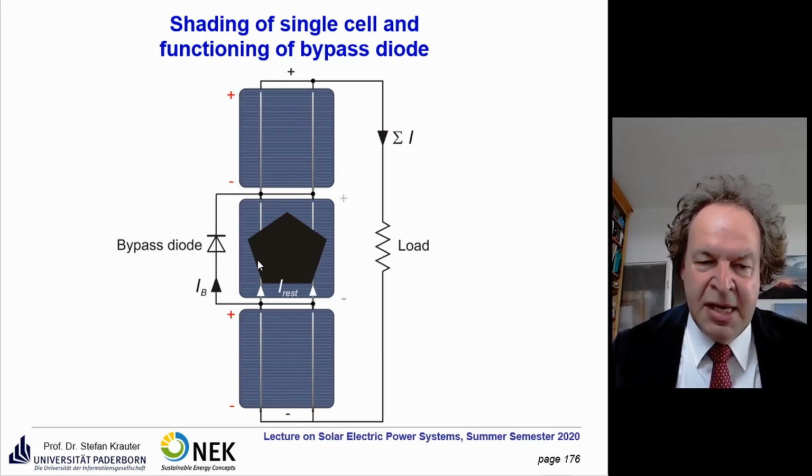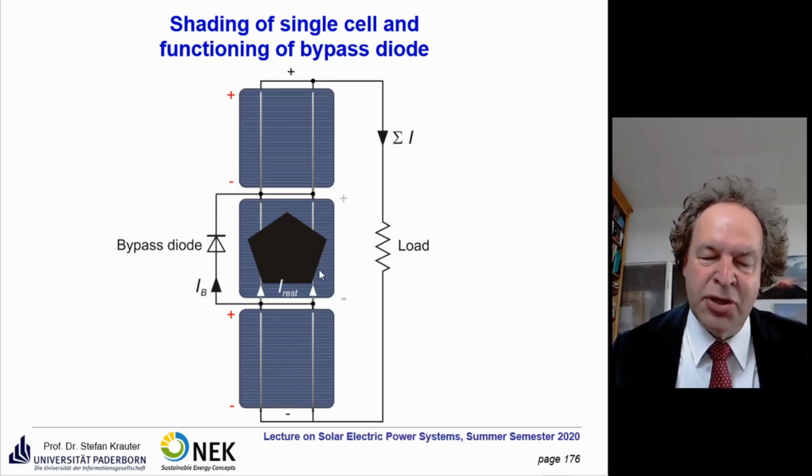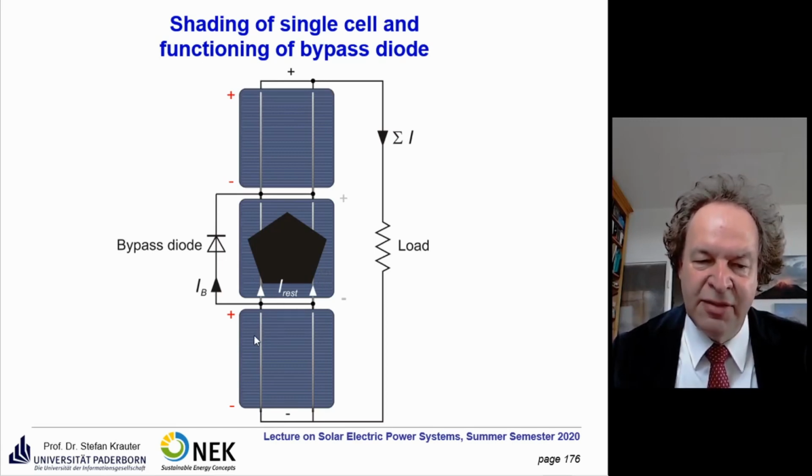What happens? Consider the most extreme case, where the leaf covers 100%. 100% cover means that there is no current at all anymore from that cell. So that's like an open circuit here. There is no current flowing anymore through it, and you can consider that as an open circuit, as I mentioned already. Then if you take a look at the voltage, the other cells are still working.